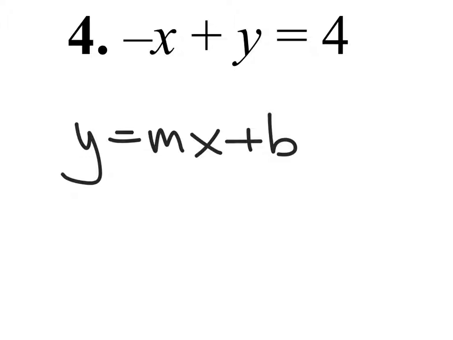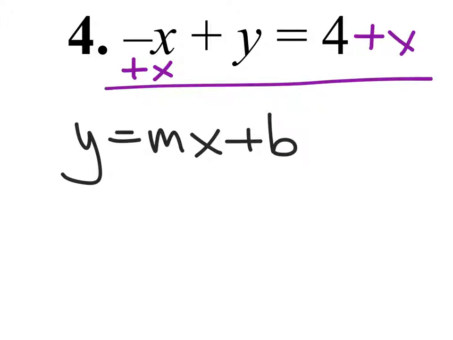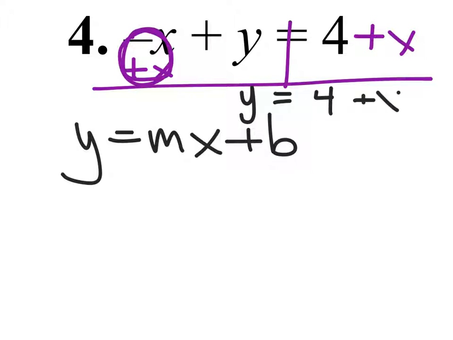But right now we're adding some kind of negative x. So we got to get rid of that x by adding x on both sides. See what that's going to do is it's going to change this negative x plus x. That's a 0 now, which we don't usually show. And we get y equals 4 plus x.